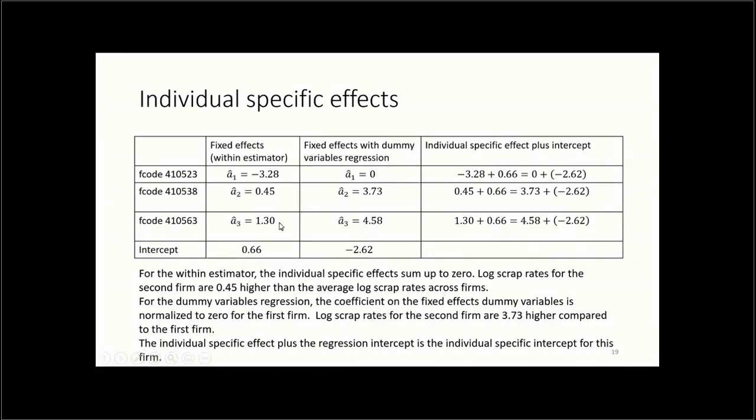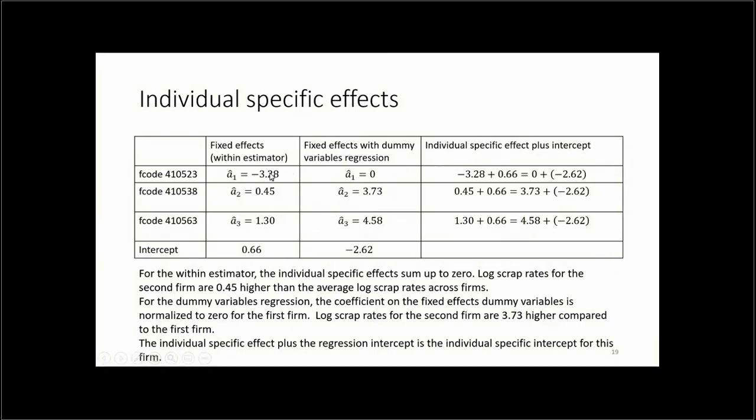They're not reported as part of the regression output, but after estimating the model, you can go back and recover and estimate those. Now, these are the dummy variables that are actually included in the regression with dummy variables. If you go to the previous slide, these are exactly the numbers that I had included, where we normalize the first one as 0.